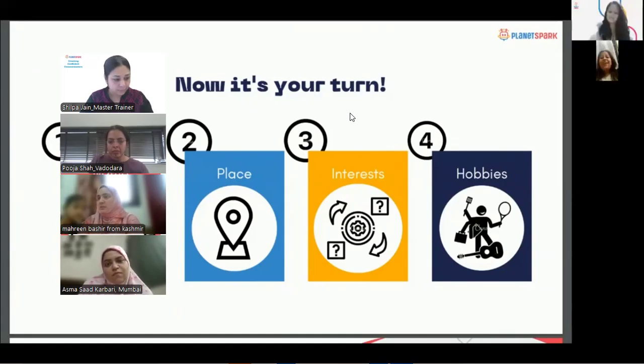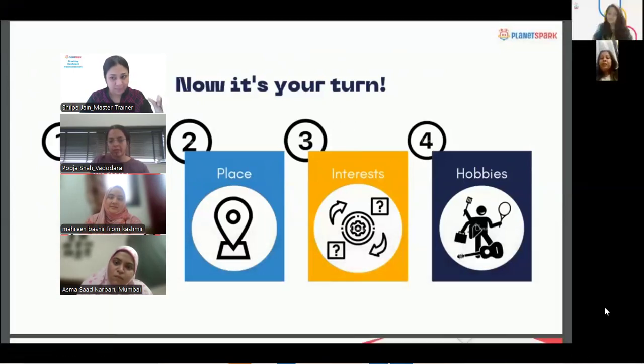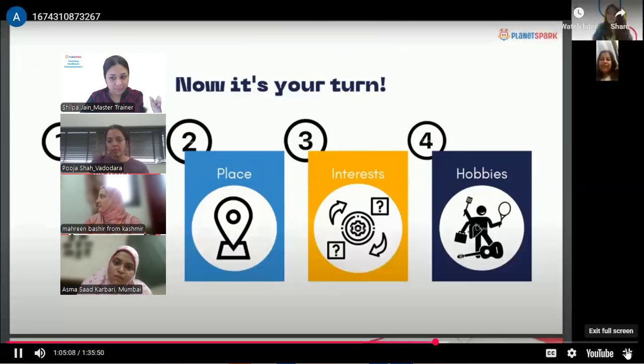And now I'm a teacher, but I'm a language teacher, a Hindi teacher, and I have a daughter. I spend many times playing with my daughter, and I like to listen to music, and I bake cake, and I like to read novels, and spending time with my friends. Okay.